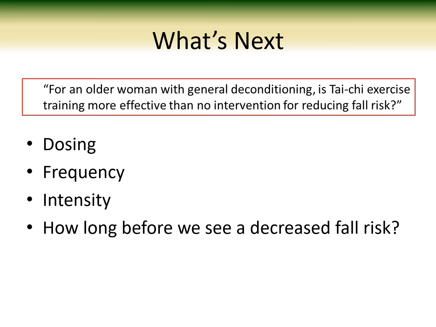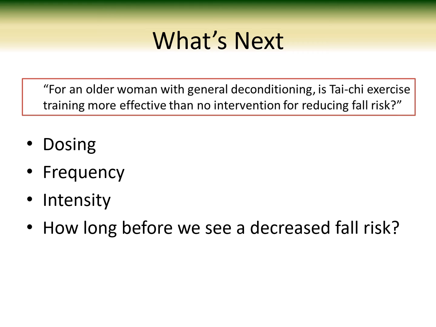And these types of questions are likely not going to come from a systematic review or a meta-analysis. Rather, we may have to get into a randomized controlled trial or potentially even a nice case report to really gain an understanding of how best to dose these particular exercise strategies and how long before we're going to actually see a decreased fall risk.